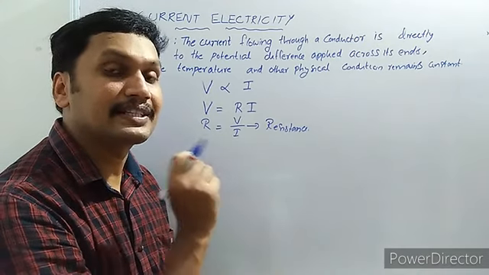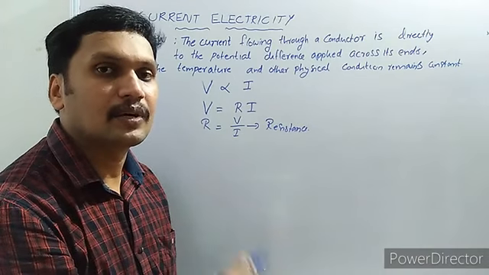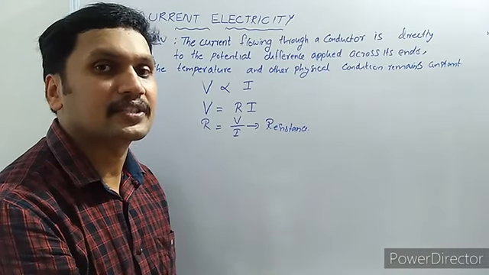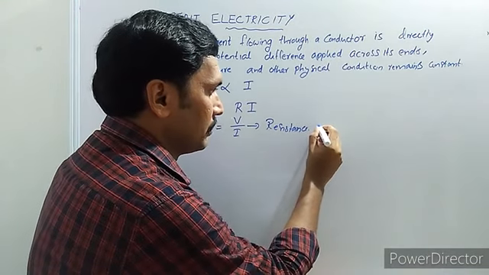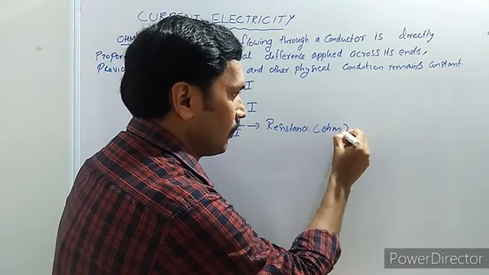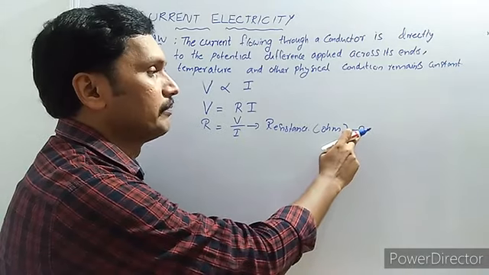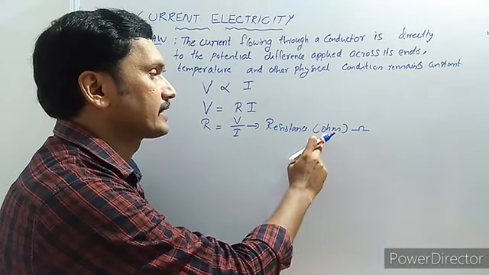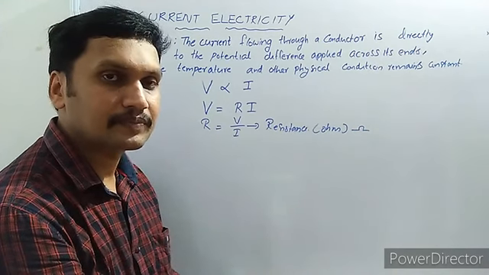The resistance is measured in a unit named ohm, denoted by this symbol. This is the symbol for the ohm, and the SI unit of measurement of resistance is the ohm.